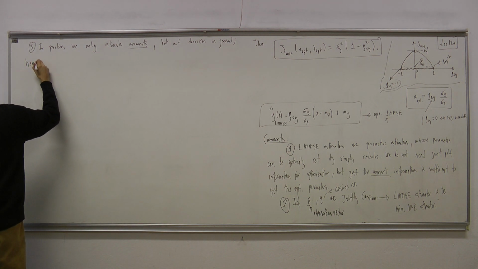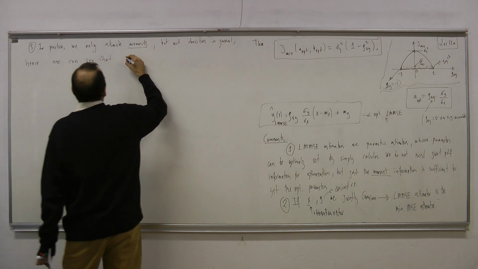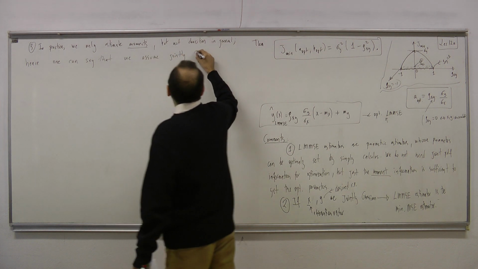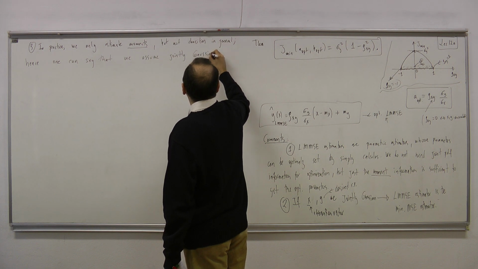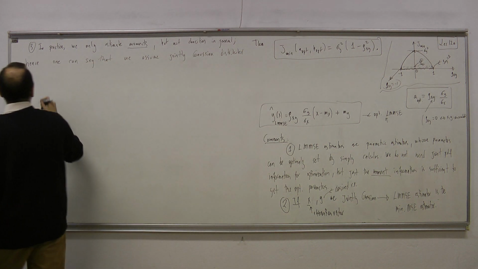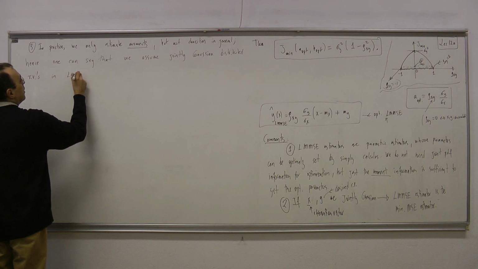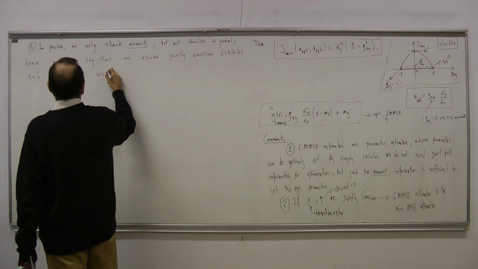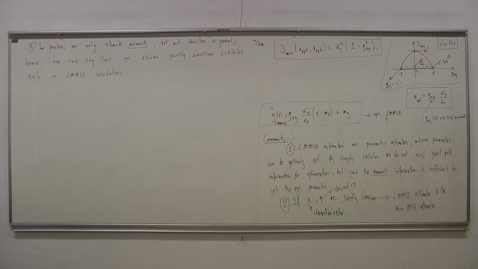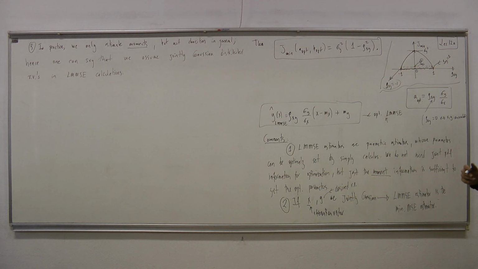Hence, one can say that we assume jointly Gaussian distributed random variables in linear MMSE calculations. Okay? So in linear MMSE there is no discussion of density. But if you assume somehow joint Gaussianity, you are not losing anything. But here is a case.